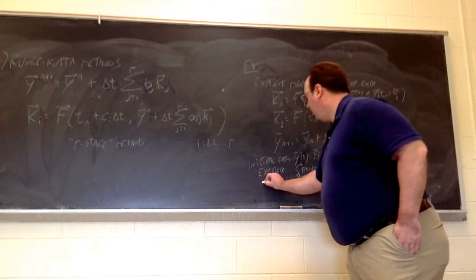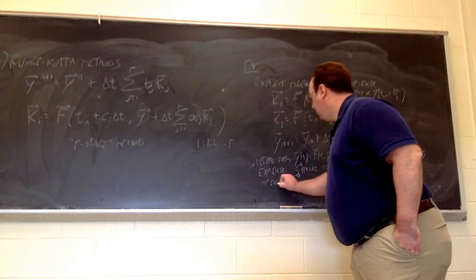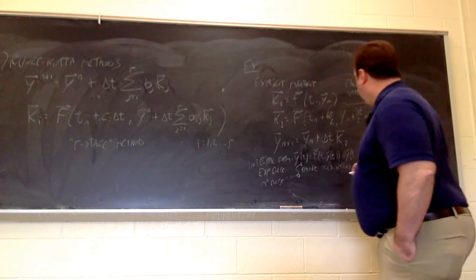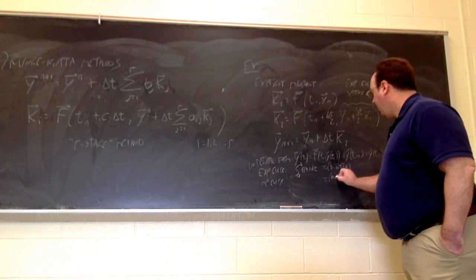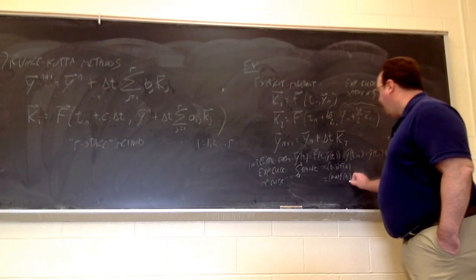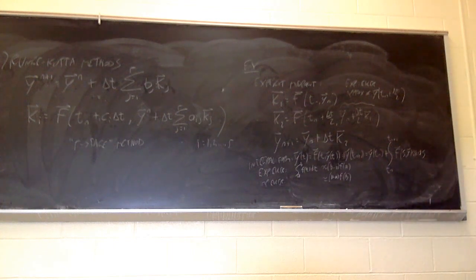Implicit Euler uses the approximation b minus a times f of b, but the value of y at time b, or Tn plus 1, is what you're trying to compute, so that's why you have to solve an equation to get it.